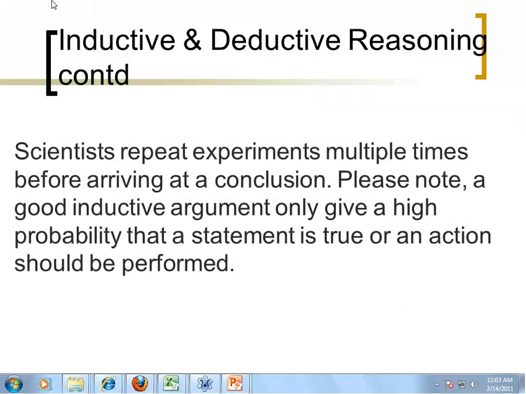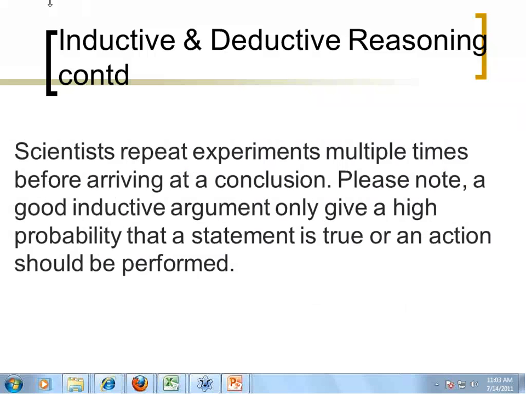Scientists repeat experiments multiple times, and this is the main reason behind it. Before you arrive at a conclusion, you have to test and get enough information. Please note, a good inductive argument only gives a high probability that a statement is true. So we therefore say if it's 99% true, then we say it is true, or that an action should be performed.